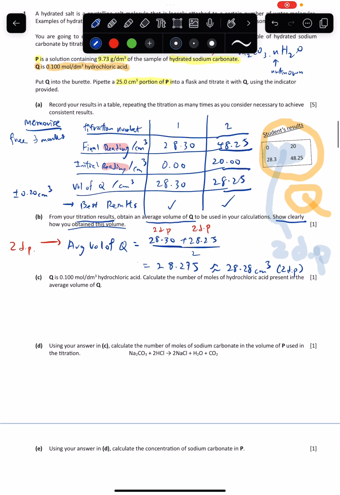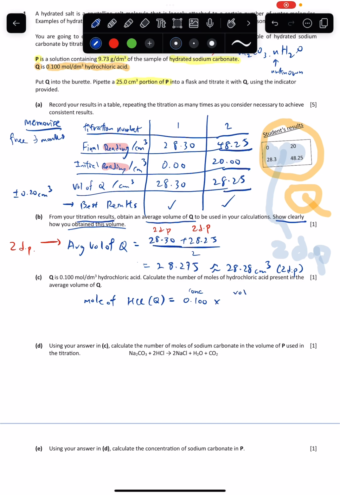Next, we are supposed to find the moles of Q. Sure. So we have concentration, mole of HCl, which is basically Q, is concentration times volume.